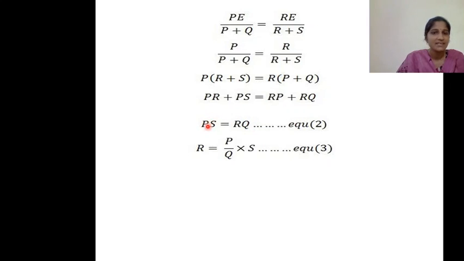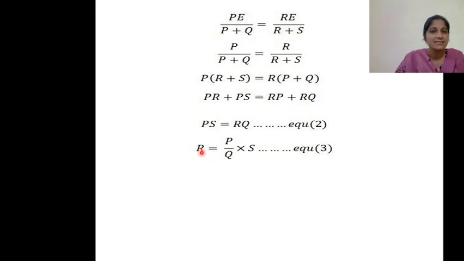By seeing the bridge itself, you should be able to tell this condition. What is this condition? The product of two opposite resistances is equal to the product of the remaining two branch resistances. That is, P into S is equal to R into Q. So R is equal to P by Q into S. From this equation you can know the R value.